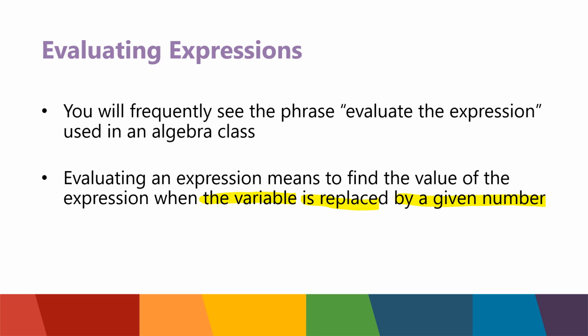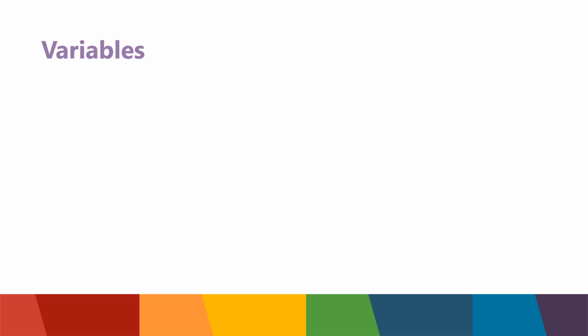Now, what does variable mean? What do you think a variable is? Think of it like if someone asks you, "What's the weather like where you live?" and you say, "Oh, well, it varies."